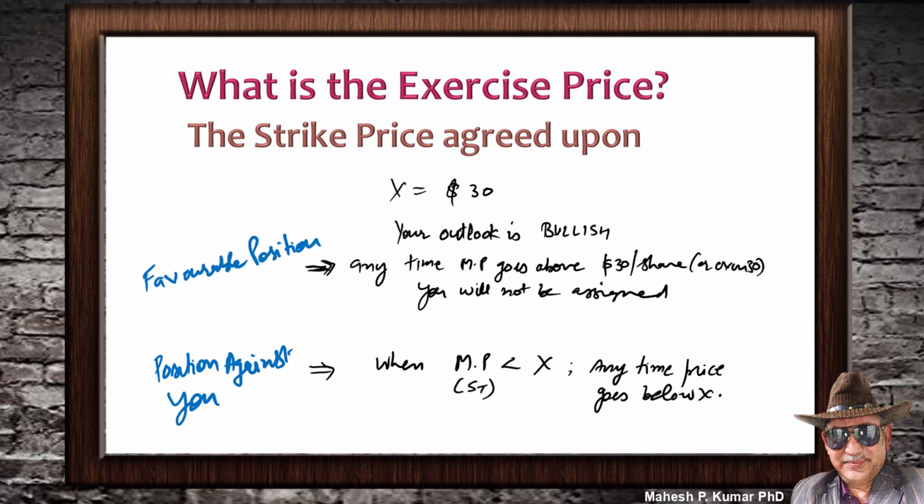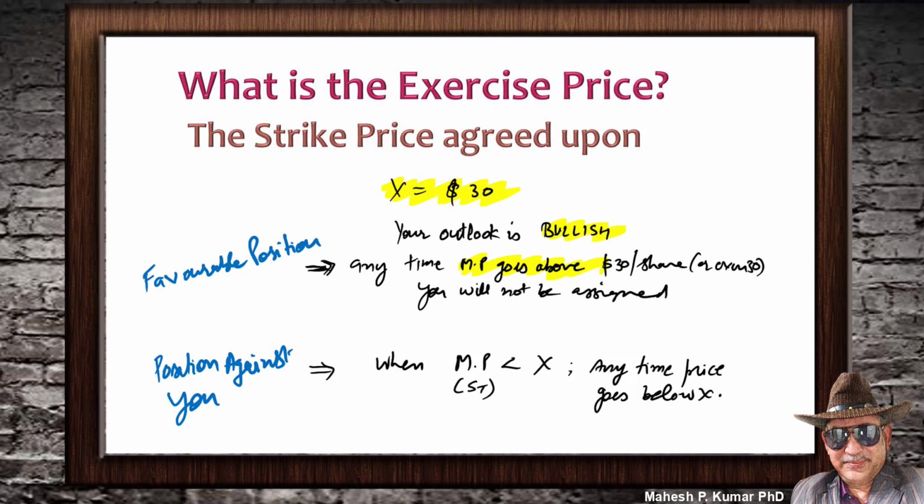Whenever you make a put option writing contract, make sure you focus on the exercise price or strike price. In this case, the exercise price is $30 per share. So your outlook is bullish. You will have a favorable position anytime the market price of this stock goes above $30 at expiration, at or before expiration.